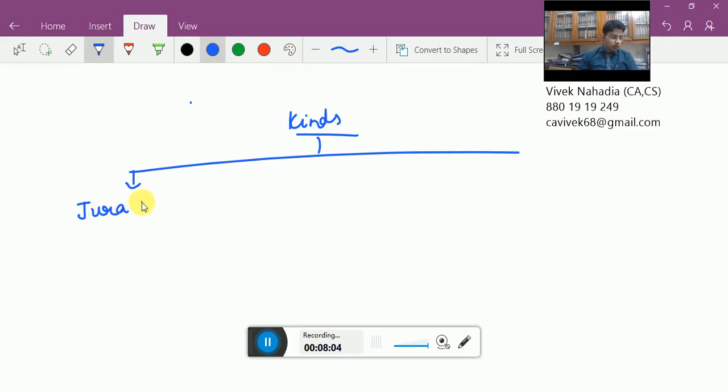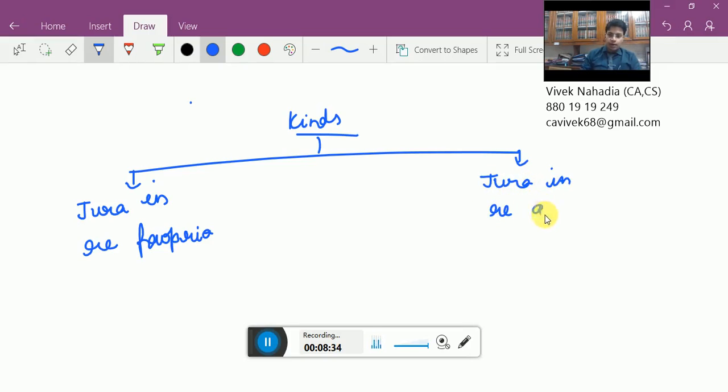Jura in re propria. And the second one is jura in re aliena. I'll write the spelling of this also.